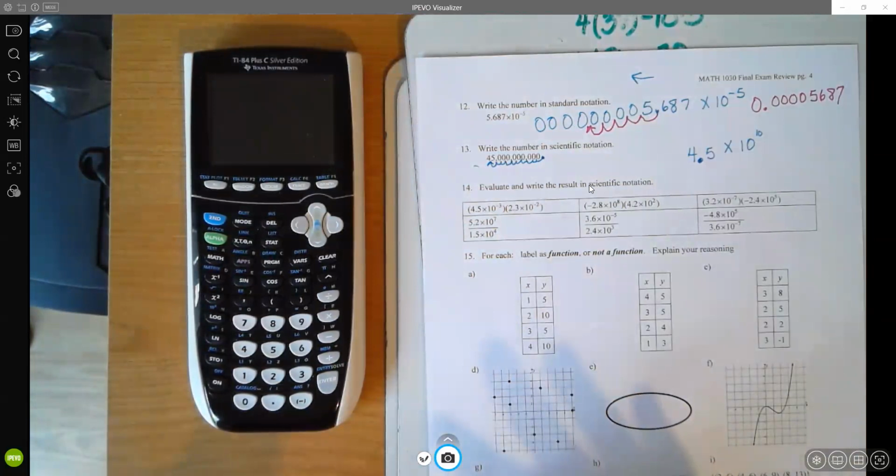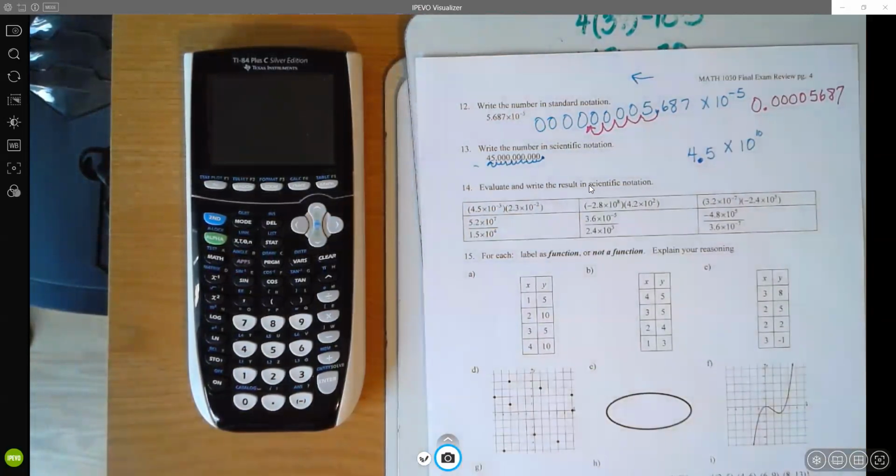I want a number when I'm through that's at least 1, and less than 9.99999. It's got to be less than 10. So if I leave it at 45, it's too big. If I leave it at 0.5 or 0.45, it's not large enough. So 4.5 is a number between 1 and 10. So I want a number between 1 and 10.